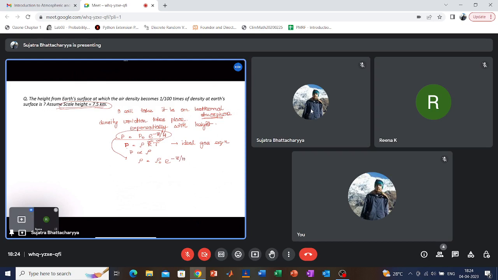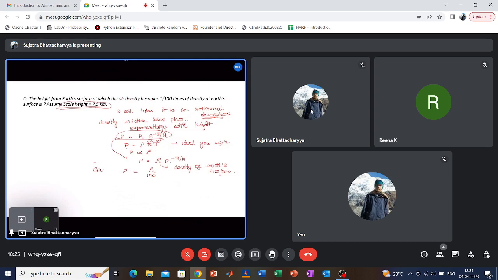Now we use whatever is given in this question, that density at what height becomes rho naught by 100. Density at the Earth's surface is rho naught. It's a good revision that this question repeats again. So this is rho naught by 100.